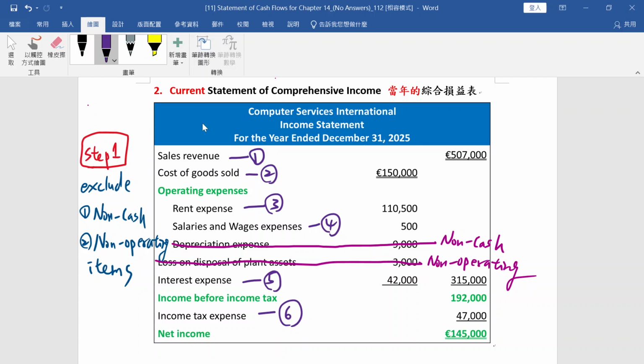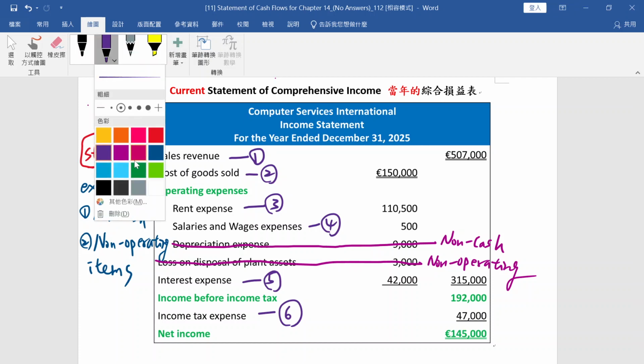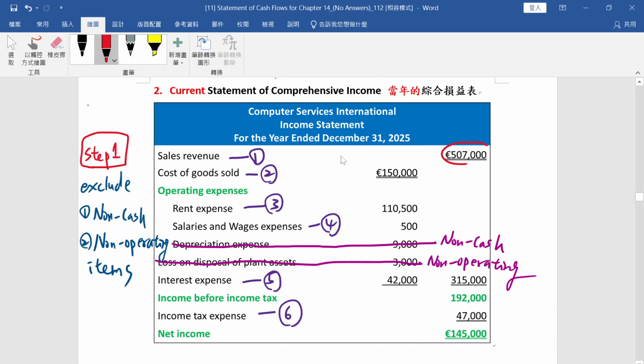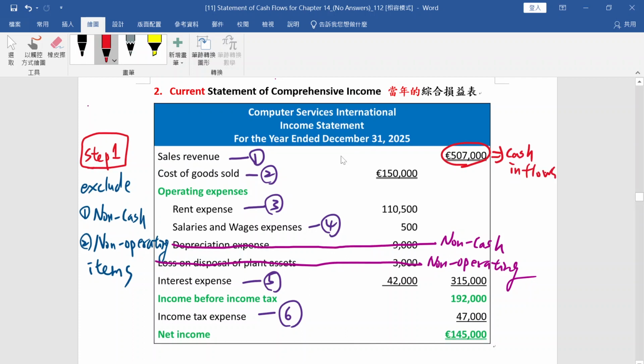Okay, so sales revenue means what? We try to find out how much money we can get from customers. So based on this number, sales revenue, we try to figure out our cash inflows, right? For cost of goods sold, we try to figure out our cash outflows.